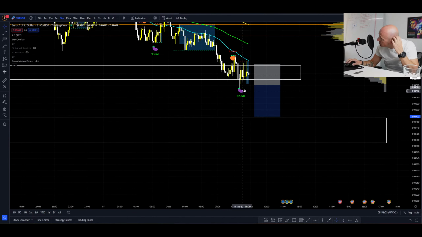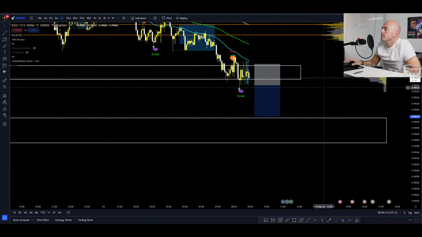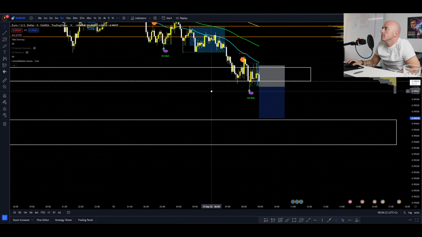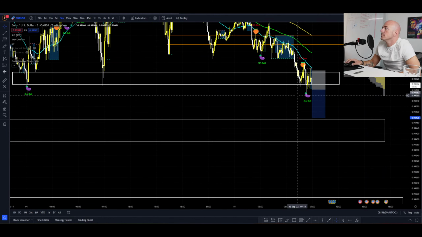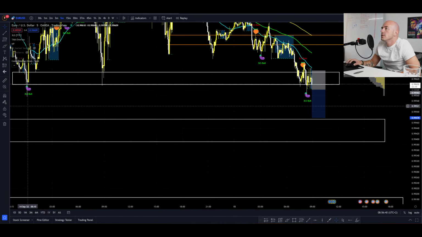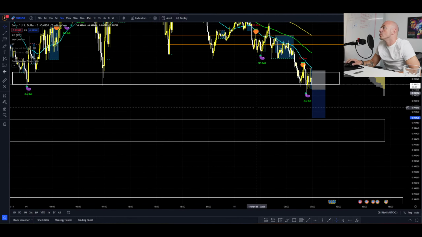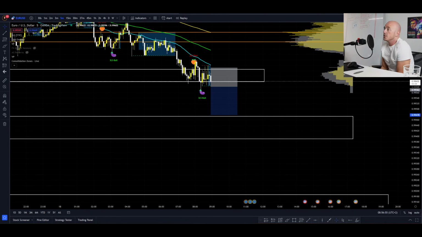The one concern I have is this wick. Yeah, this is the most decent trade setup I'm seeing so far today.